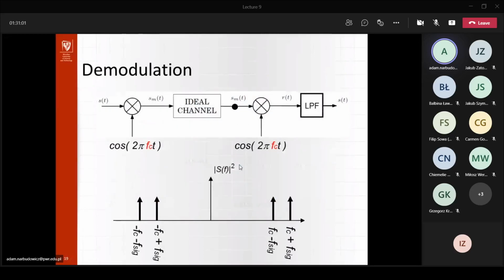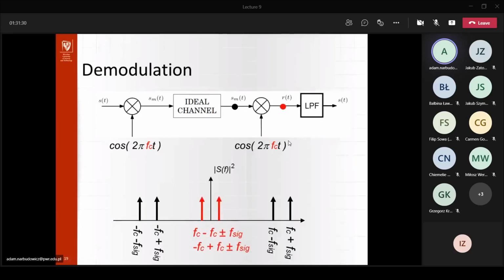So just to break it down, this is our modulated signal. When we multiply our signal once again with 2 pi frequency carrier times t, we pretty much apply the same principle. Every frequency at the input will be multiplied by the frequency of FCT.